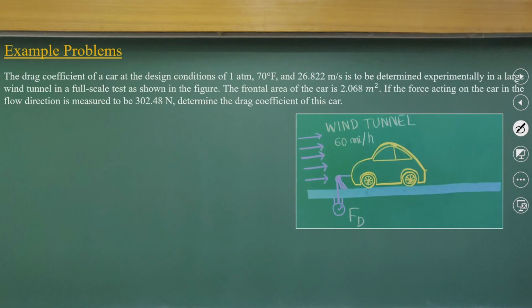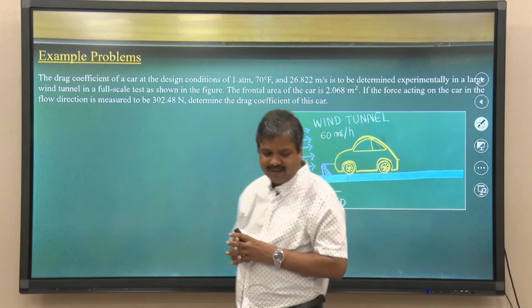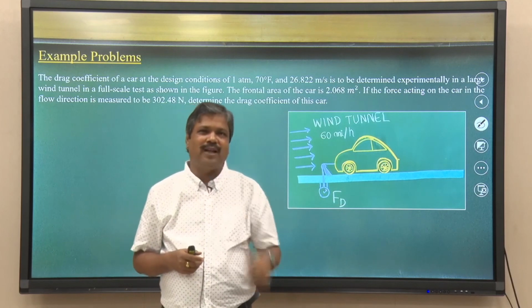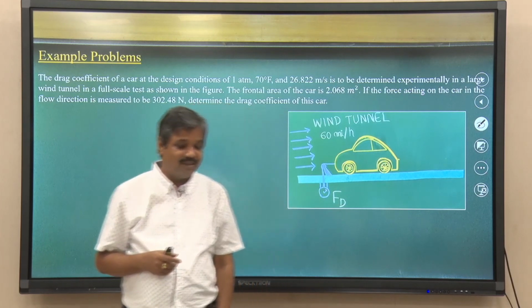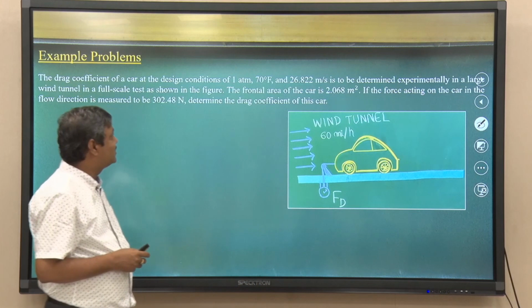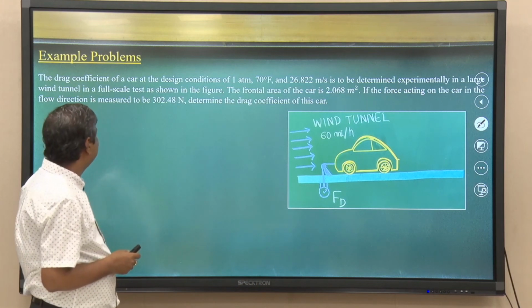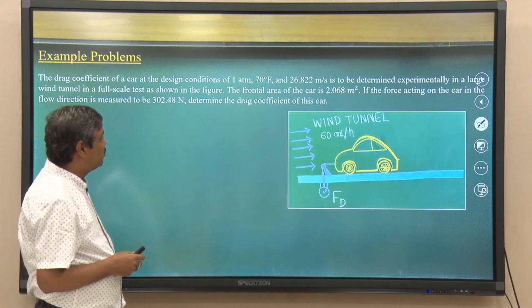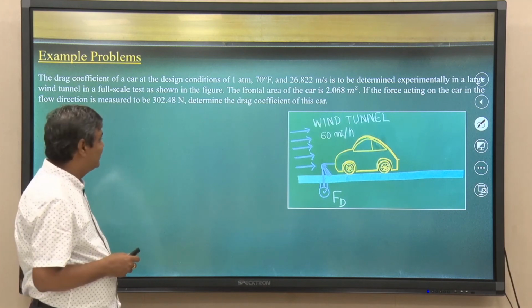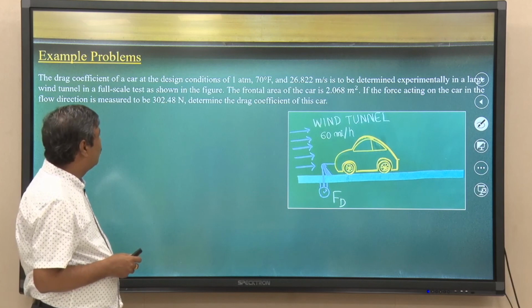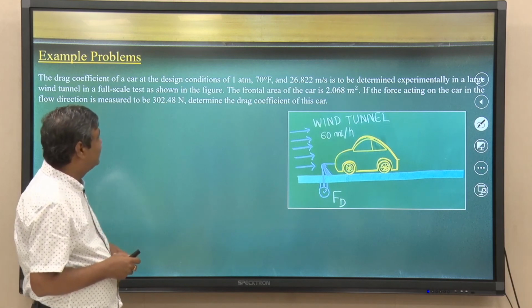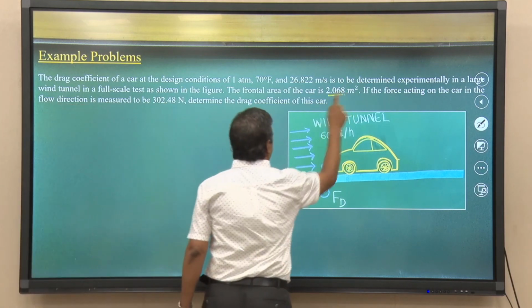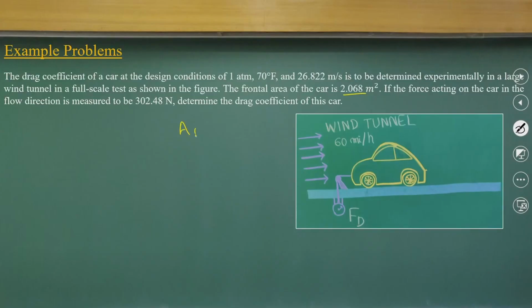I think these are the things we discussed in more detail, but let us come back to two examples, after which we will finish this class. It is a very simple example of a wind tunnel test. The car is moving at 60 miles per hour, and the frontal area A is known to us, and the velocity is known to us.